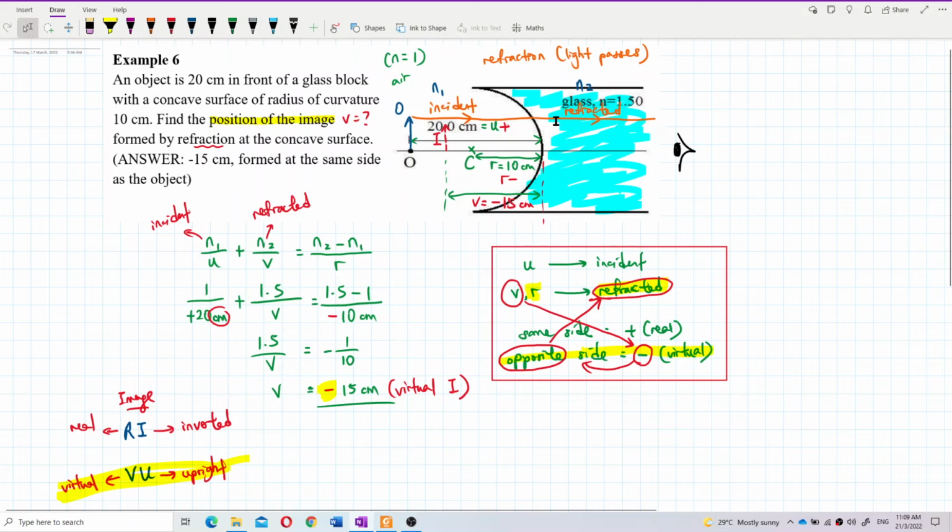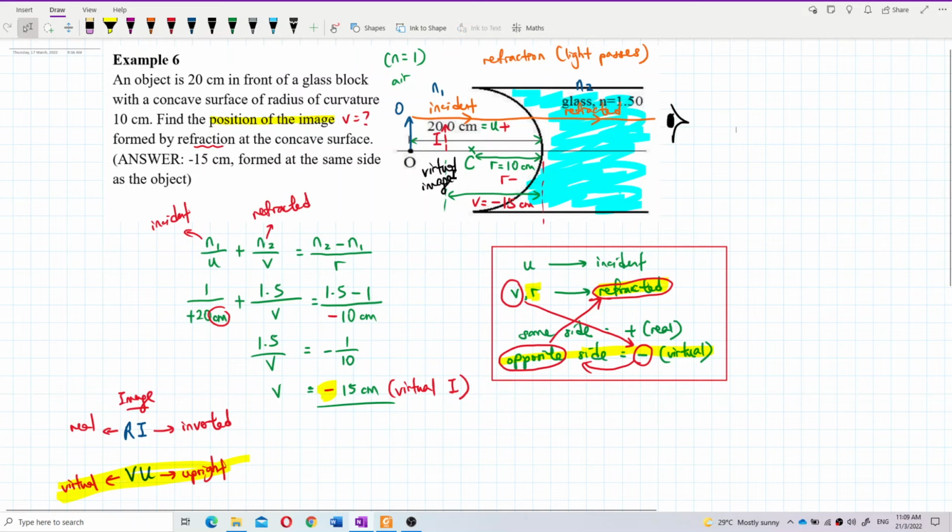Because the refracted ray comes from the virtual image. This is a virtual image and it cannot form on screen. You put a screen over here, nothing appears on the screen. But you can see from here, because the refracted ray goes to your eye.